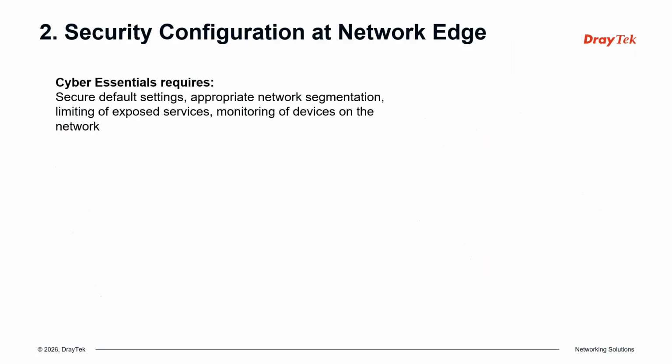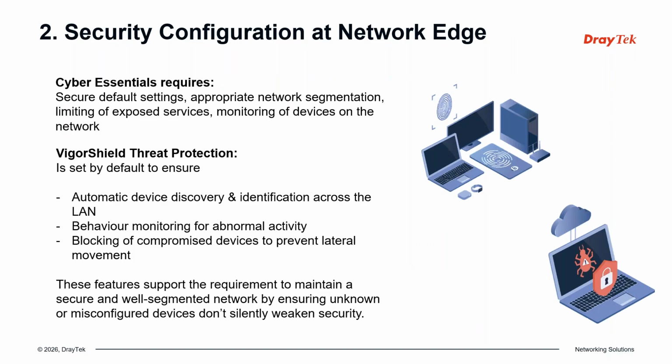The next one is the configuration at the network edge. So Cyber Essentials requires secure default settings, appropriate network segmentation, limiting exposed services, and monitoring the device. VigorShield wouldn't do everything on there.